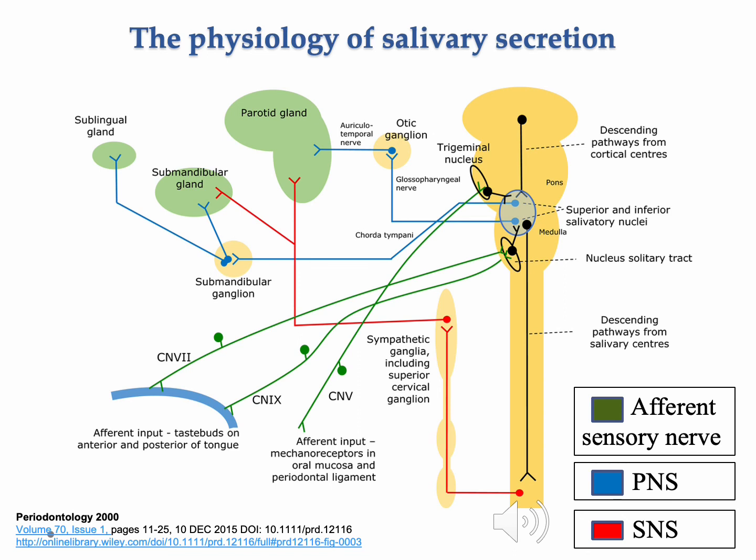In turn, the parasympathetic nervous system, highlighted in blue here, will then have efferent fibers going out to the major glands and will stimulate salivation. We also have another salivary input from cranial nerve 5, the trigeminal nerve, and the afferent input will be from mechanical receptors that we discussed, or even nociceptors in the oral mucosa and the periodontal ligament.